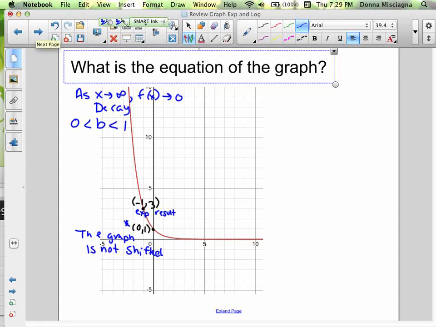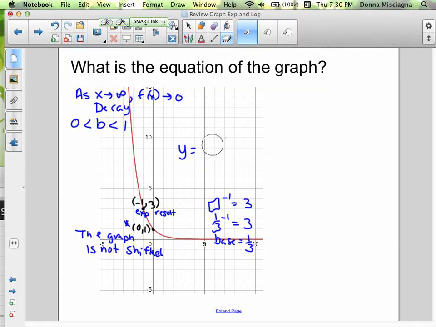So now, what could we raise to the negative 1 power and get 3? Well, it must be the reciprocal of 3, which is 1/3, because 1/3 to the negative 1 power is 3. So that must mean that our base is 1/3. And that means our equation is y equals 1/3 to the x.